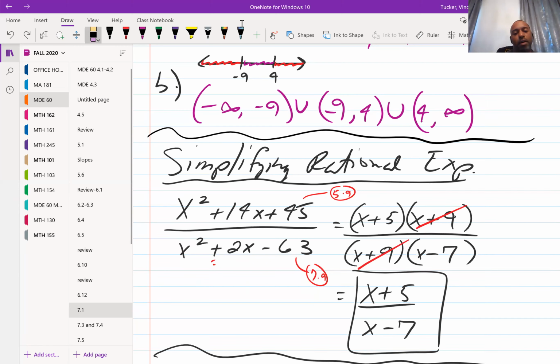That is the most simplified way of expressing this rational expression. Any questions on that?